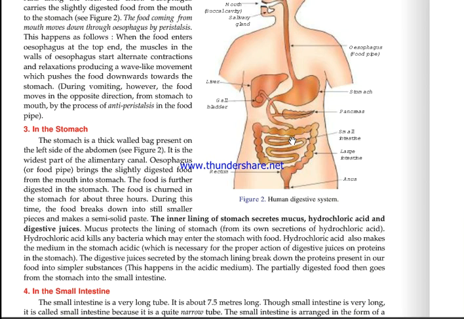So that means the food is absorbed in the small intestine with the help of villi cells, and those villi cells provide larger surface area in absorbing the nutrients.